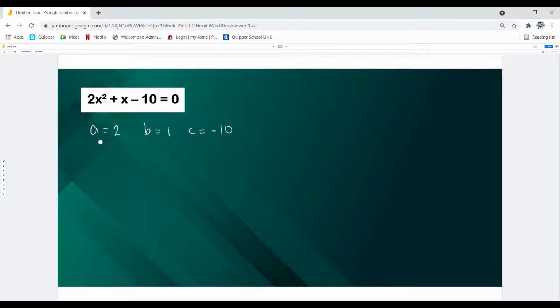So in 2x squared plus x minus 10 equals 0, very simple. Actually, if you're a master already, you can do it mentally. What I'm going to introduce is just a technique of doing it. Example, we have 2x squared plus x minus 10 equals 0. Your first move is to write the first term, 2x, twice.